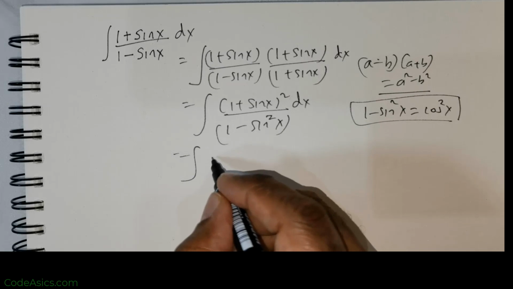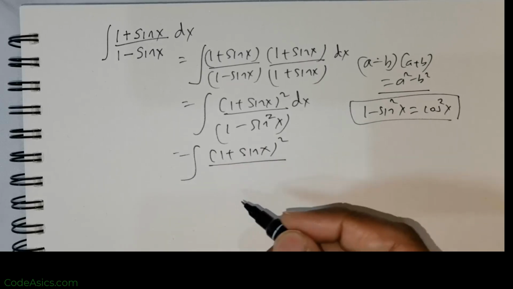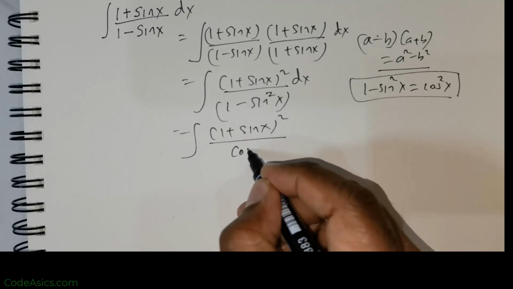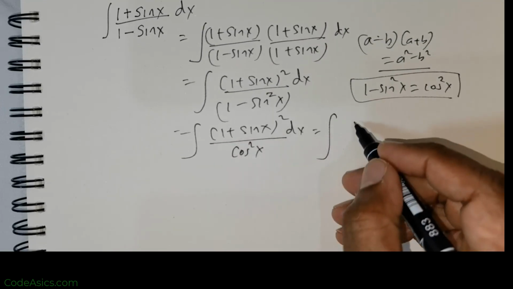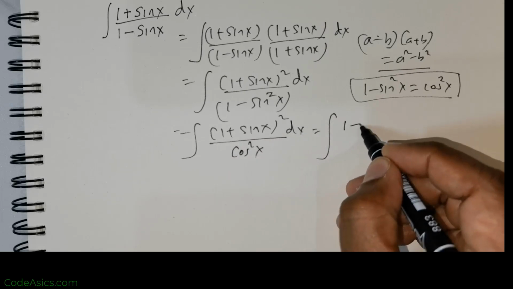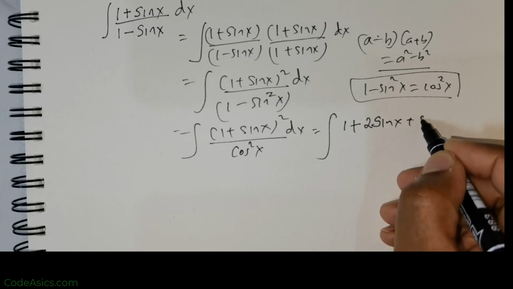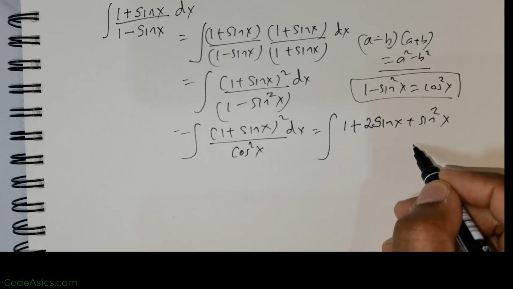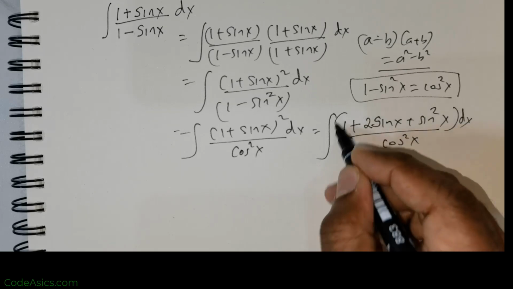So I'm going to have integral of 1 plus sin x raised to the power of 2 divided by cos squared x times dx. Now let me expand this 1 plus sin x raised to the power of 2. That's going to be 1 plus 2 times sin x plus sin squared x divided by cos squared x times dx.